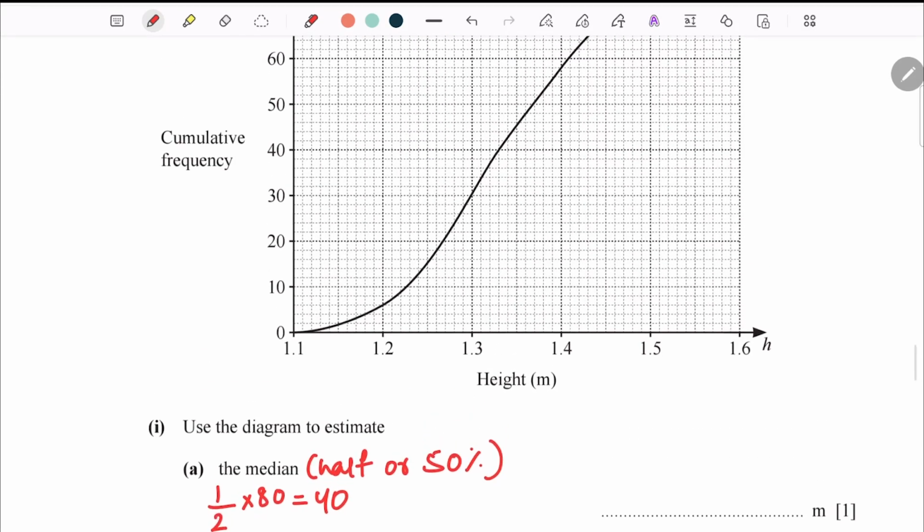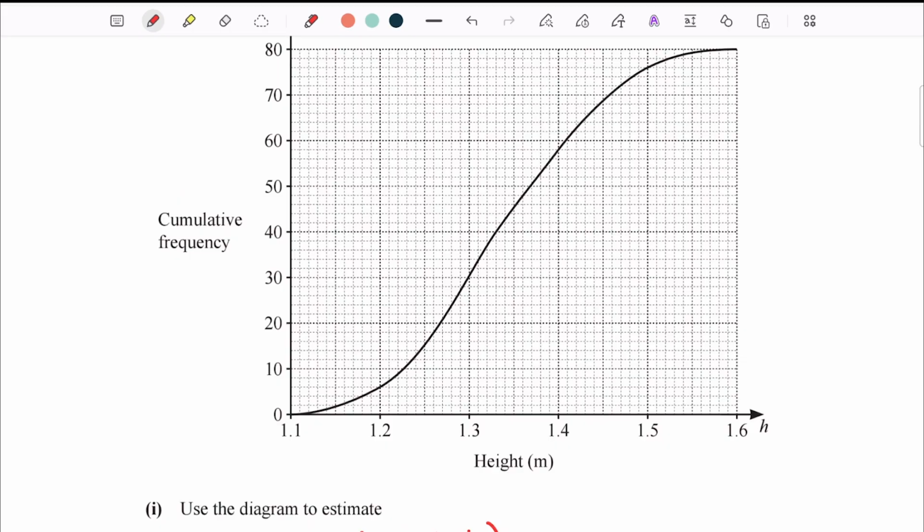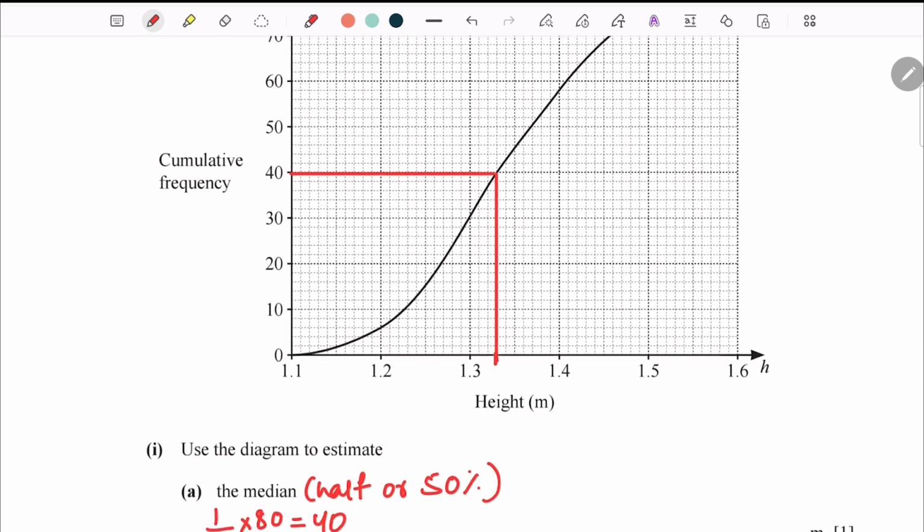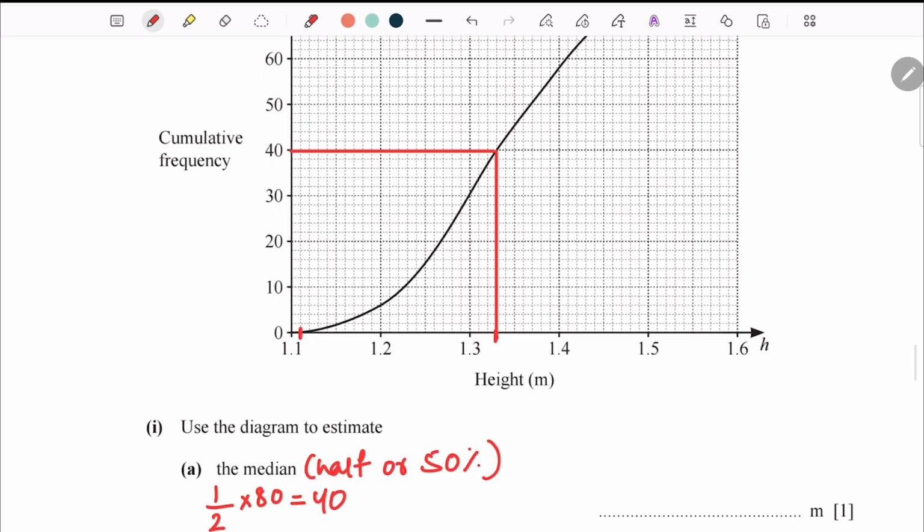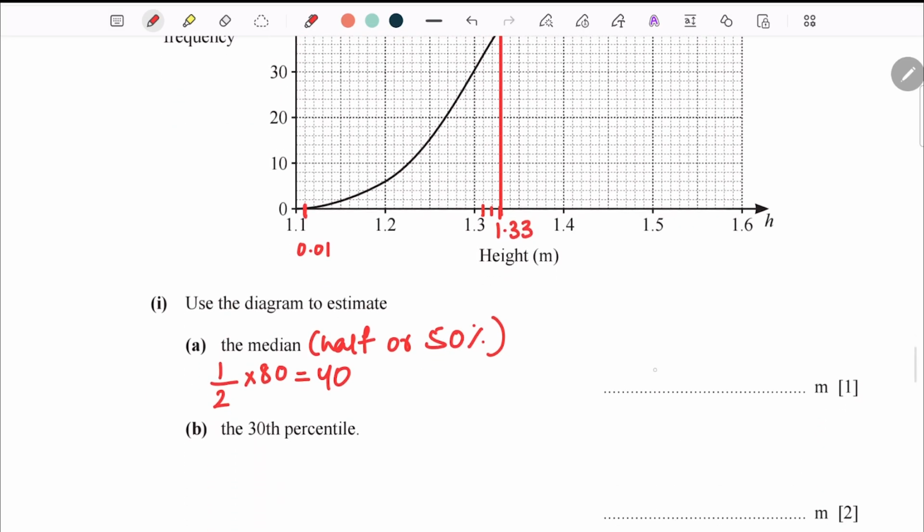So we're going to check the height at 40. So 40 on the y-axis. This is going to touch the x-axis at this point. One small box on the x-axis is basically 0.01. So this will be 1.31, 1.32, 1.33. So our median will be 1.33.